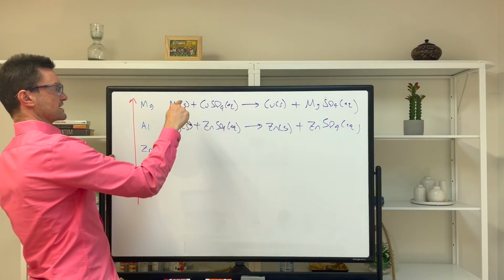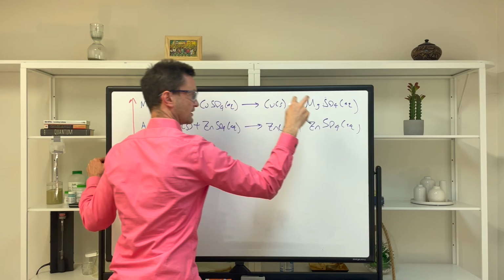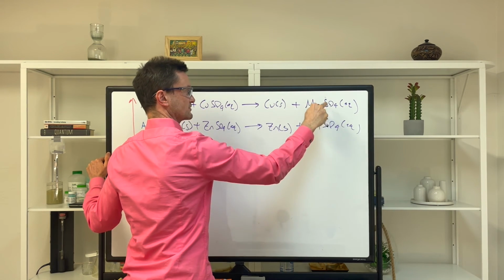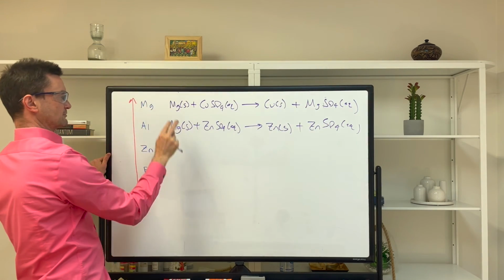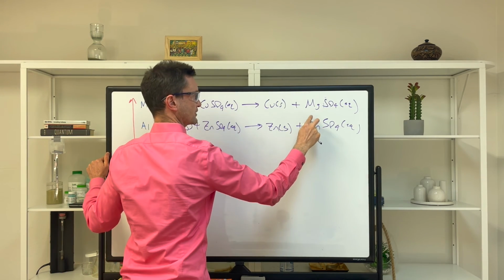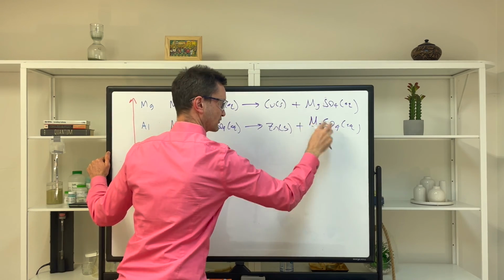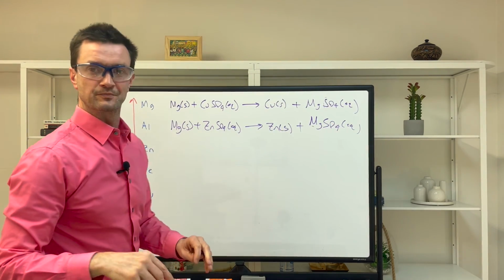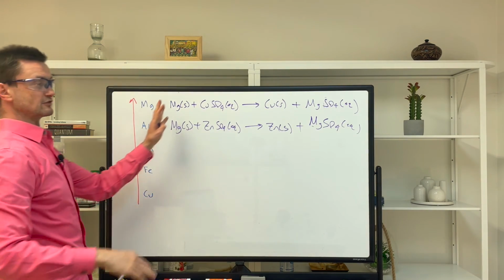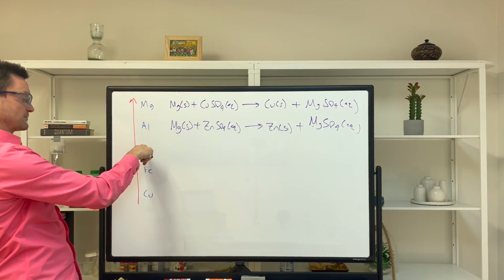So again, because magnesium displaces the copper, kicks out the copper, and takes its place in bonds with sulfate, because magnesium kicks out the zinc by itself, oops, this is supposed to be magnesium, and bonds with the sulfate, magnesium is, as we already know, this is just other proof, magnesium is more reactive than zinc and copper.